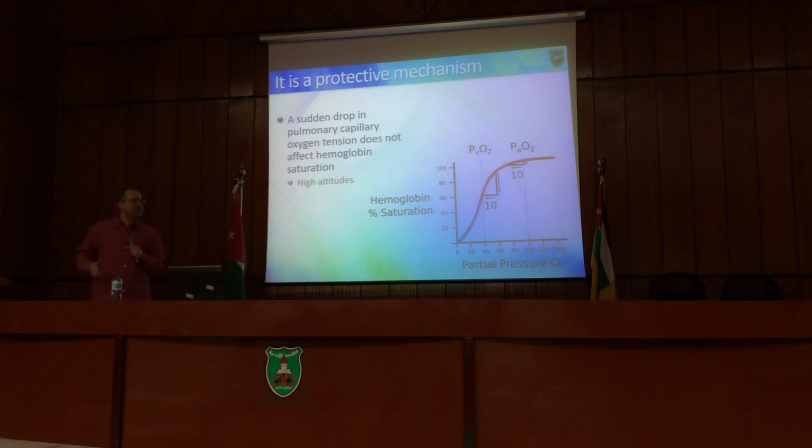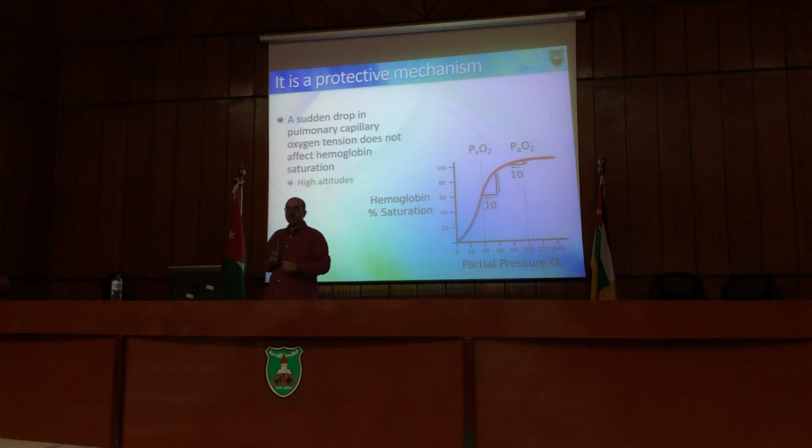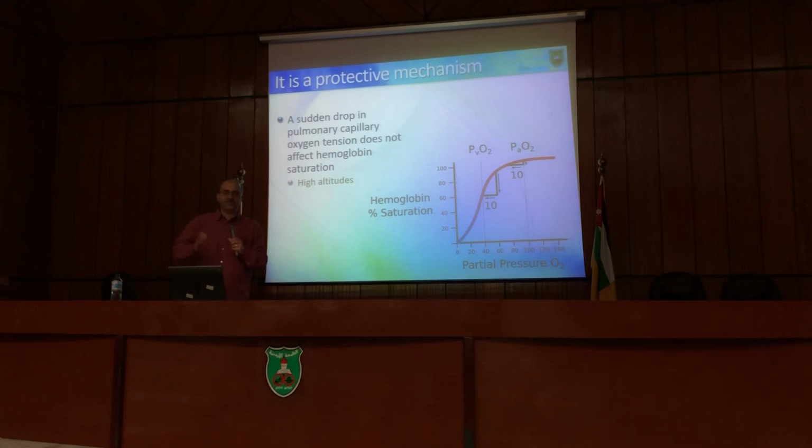But then if you exercise, and the pressure moves all the way from 80 to 40, now notice the difference in oxygen binding to hemoglobin. Oxygen is released immediately in peripheral tissues because of this transition from the high affinity state to the low affinity state. Even if you exercise, the level of oxygen in tissues becomes about 20 or even lower, so more and more oxygen is released as a result of this cooperative binding and the transition of the structure from low affinity to high affinity and vice versa.